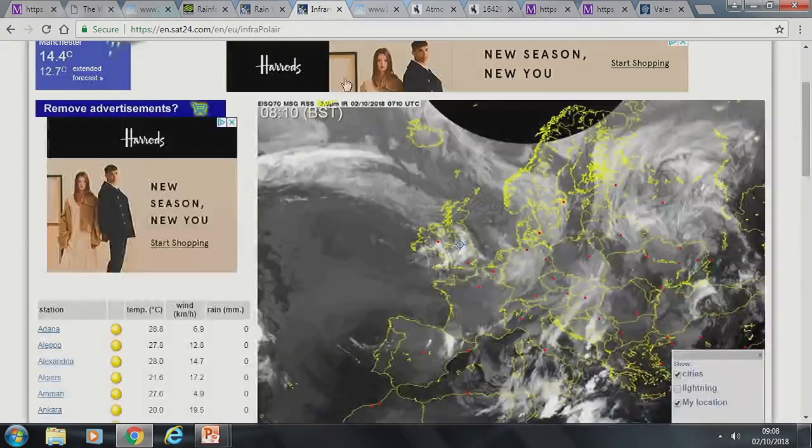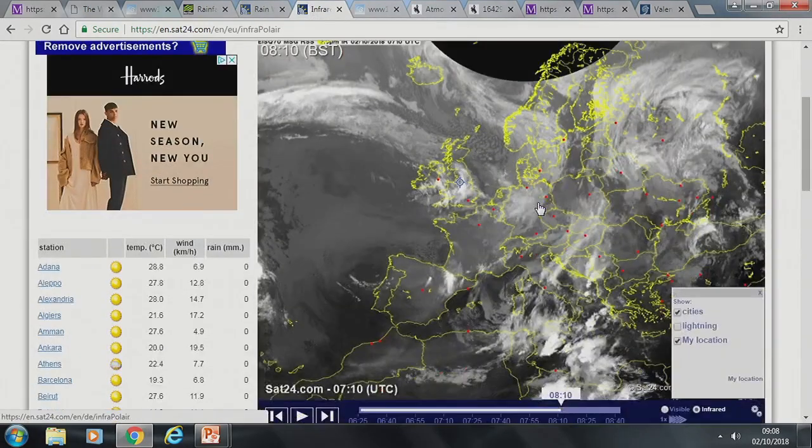If we look at the infrared picture, we can see here sort of high cloud over the UK. This is current, that's 8:10 BST. And we can see this kind of cold front stretching up into the west.